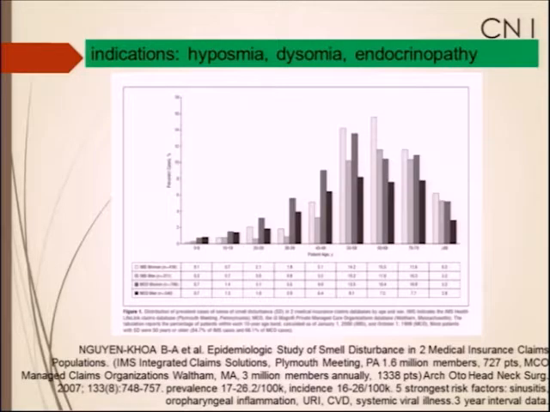So if one looks at the incidence of olfactory disturbance over time, one sees that it's relatively low in the pediatric population. It starts to rise in adulthood and is probably associated with neurodegenerative disorders like Alzheimer and Parkinson.